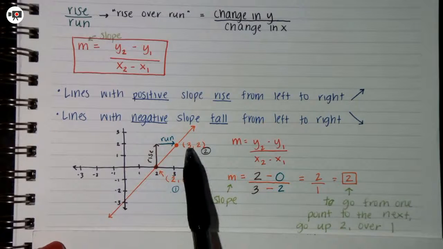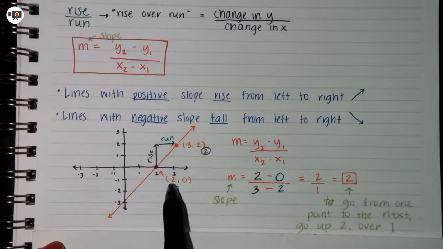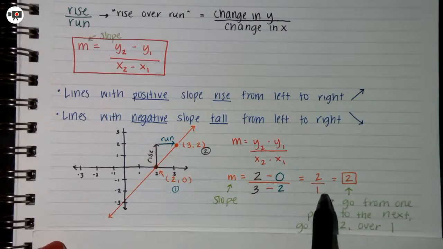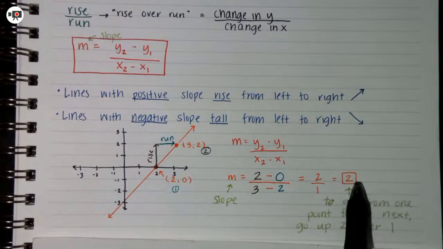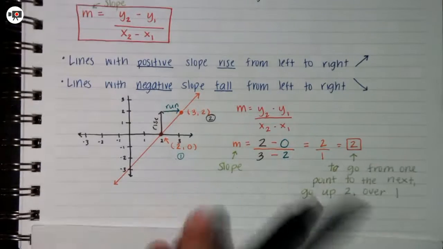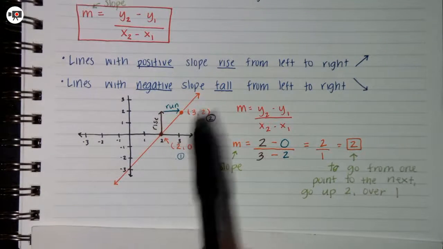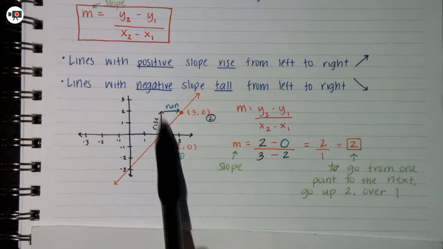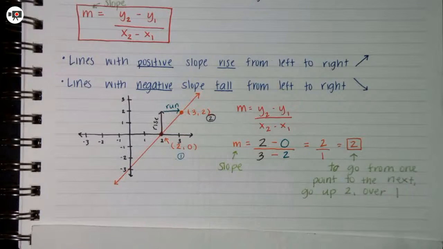Then I have x from point 2 minus x from point 1. So 2 minus 0 is 2, and 3 minus 2 is 1. And so my slope is 2. That means to go from one point to the next, I go up 2 units to the right 1. That is rise over run.